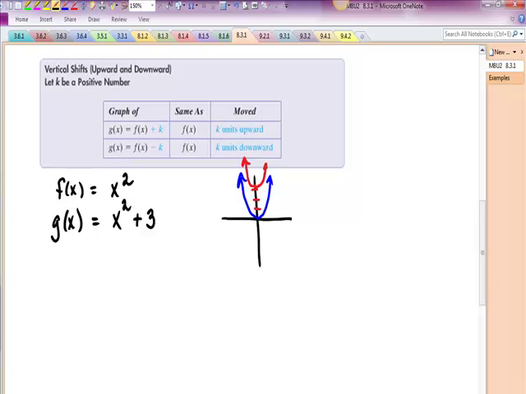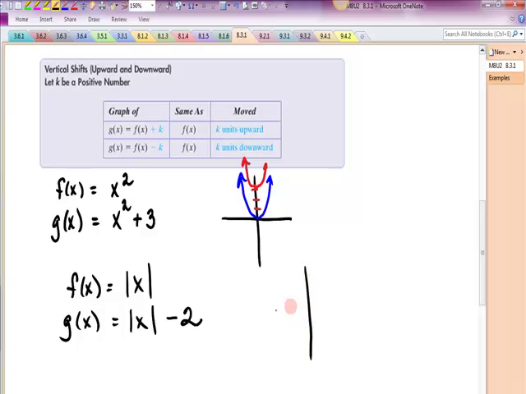All right, let's look at when you have, say, f of x is the absolute value of x, and g of x is that function, absolute value of x, minus 2. That means it's going to shift down. All right, the original looks like this.